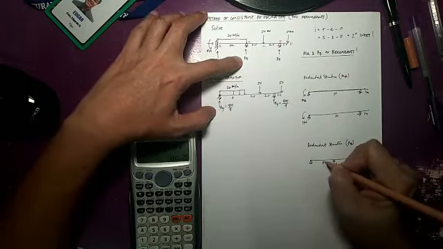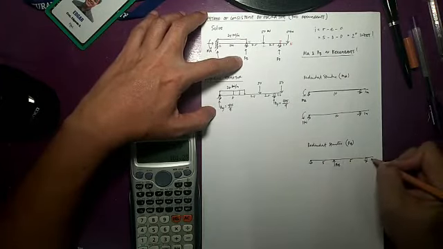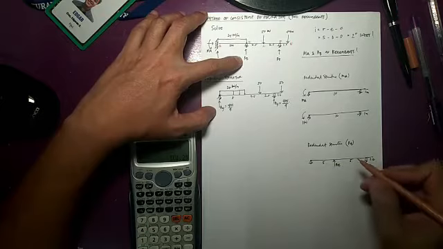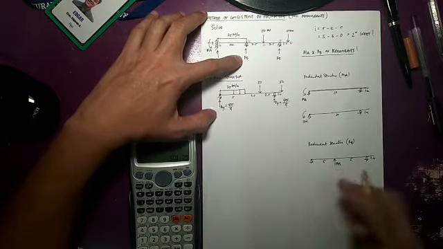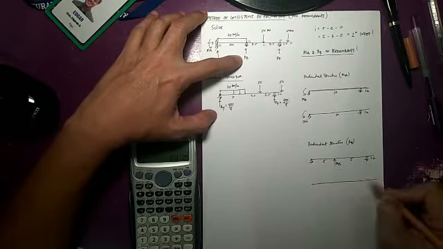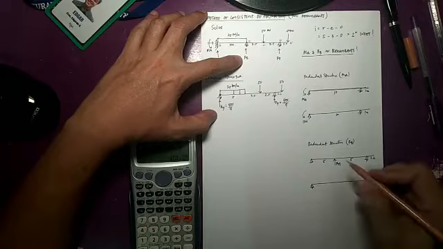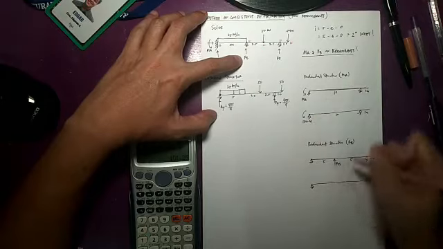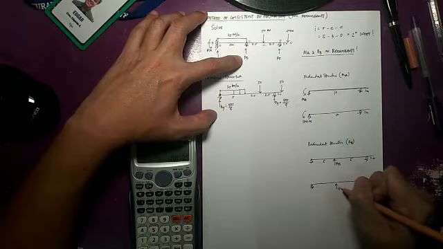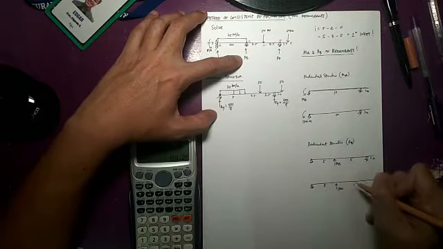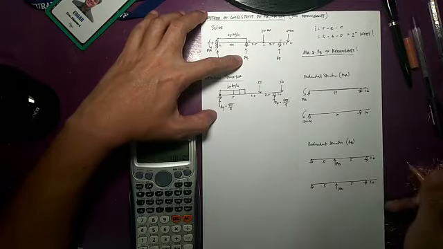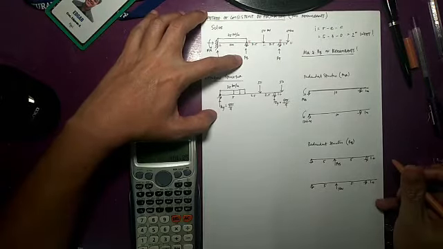This is 5, this is 5, and this is 1. But we don't know RB, so I could relate this to a unit load of 1 kilonewton. 5, 5, roller, and this is 1.